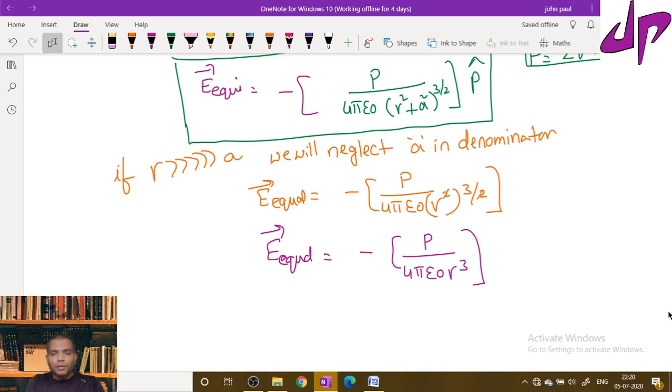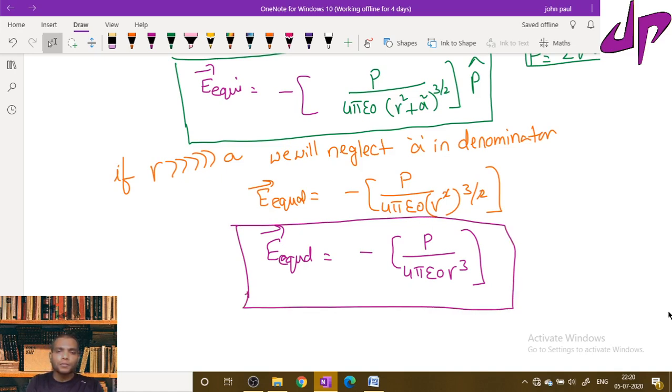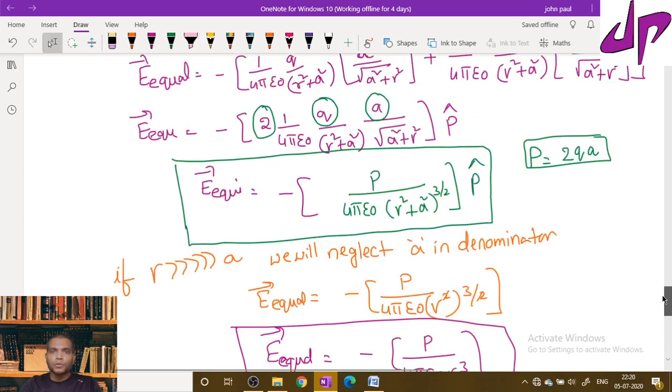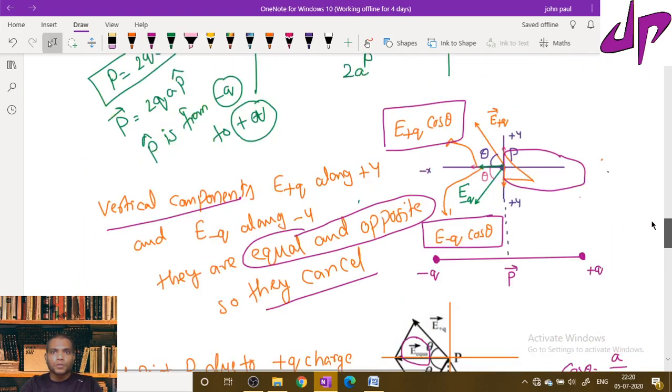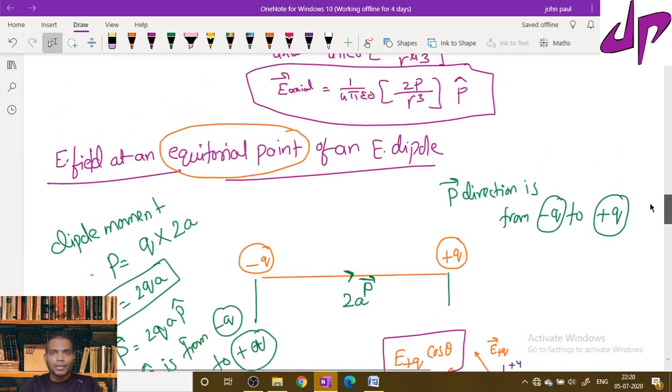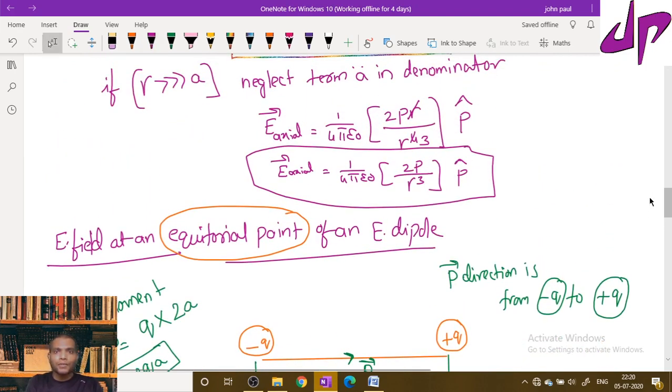To compare the electric field at the equatorial point and the axial point, this is the electric field due to the equatorial point. And if I show the electric field due to the axial point, which I calculated in the earlier case, this is the electric field due to the axial point. The electric field due to the axial point has a factor of 2.